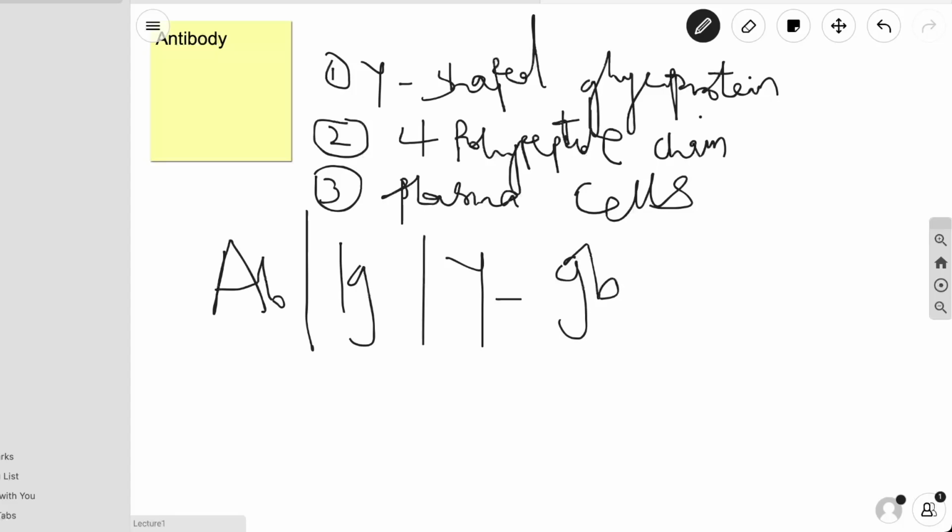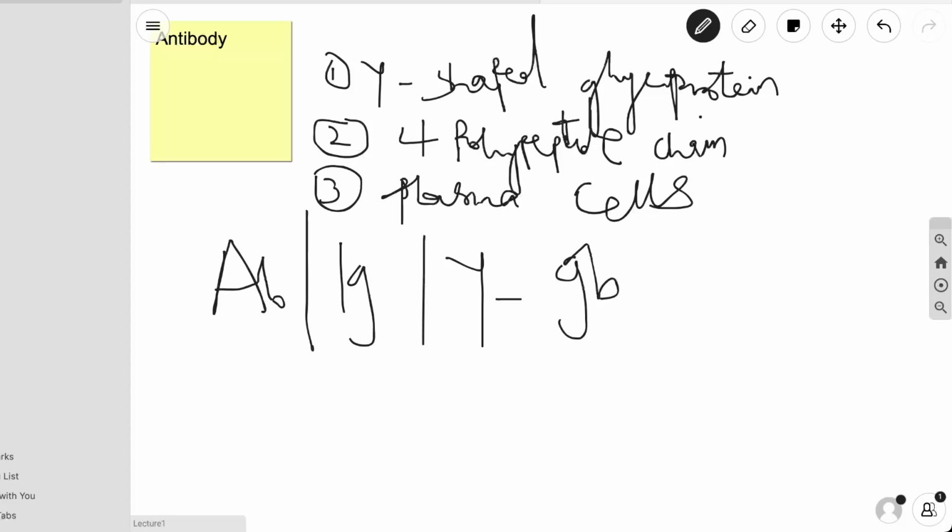So this gamma globulin, we have already stated where we saw the plasma protein at the gamma region, hence the name gamma globulin. Immunoglobulins are those globulins which have immune function.